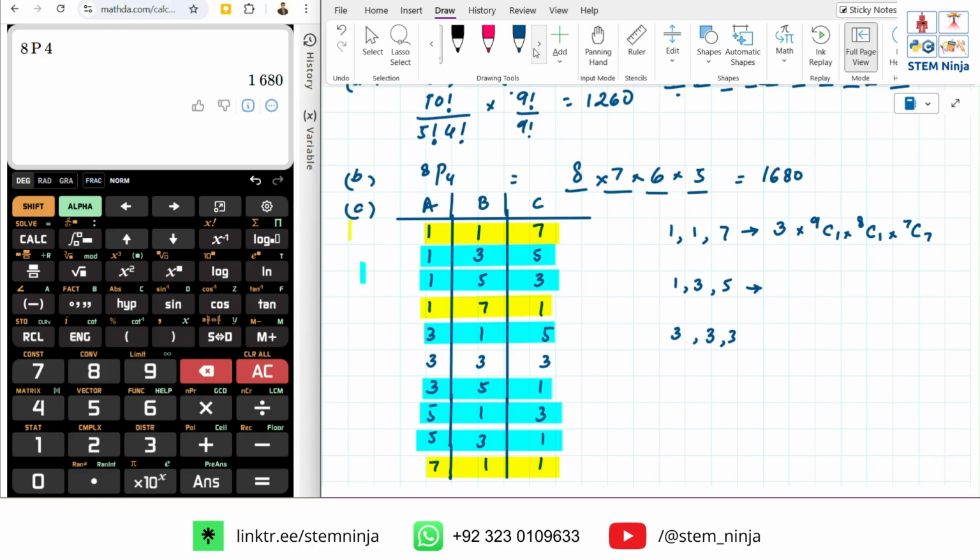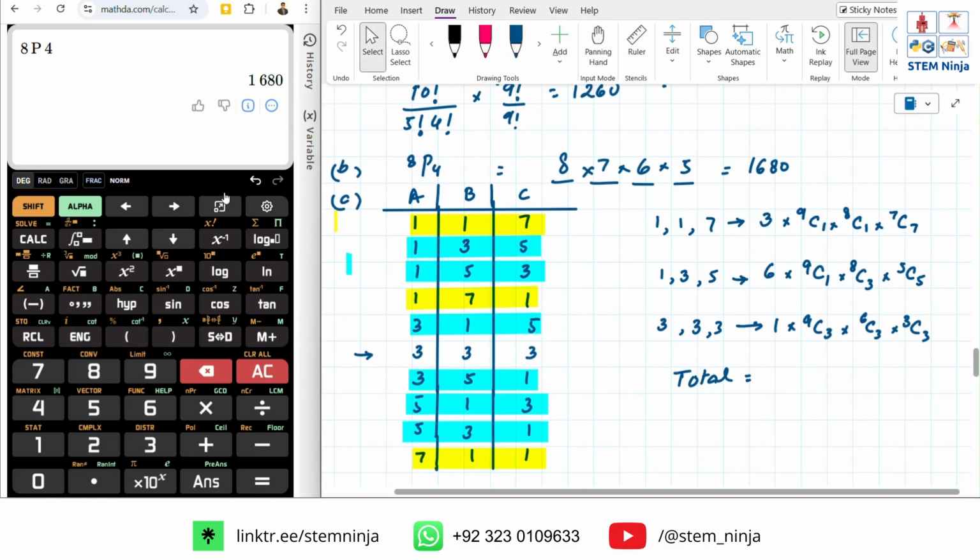Okay, so 6 times 9C1, 8C3, and then 5 are left, 5C5. There's only one 3, 3, 3 case, so 9C3, 9 minus 3, 6C3, and then 3C3. So we just need to total these values.